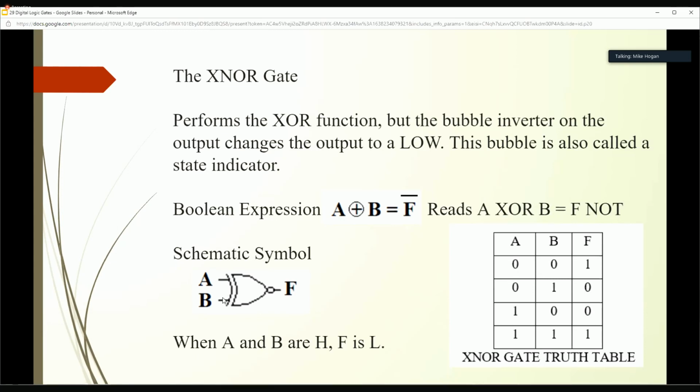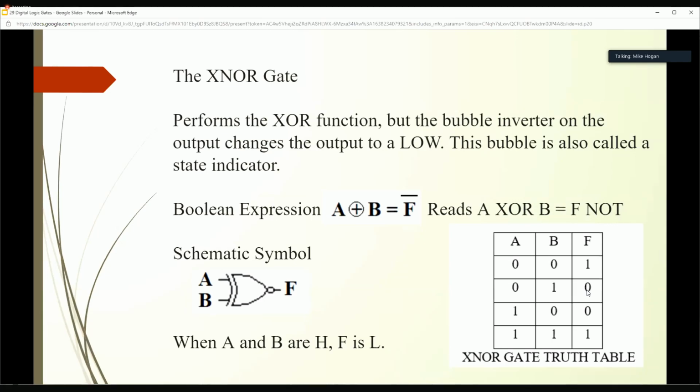Typically, any input that was a high would give me a high out, as long as both were not high, right? That was typically what we would see for the XOR. What that means now is that anytime I have a high input, which would typically be a 1, I'm going to get a 0 out. When both are high, I'm going to get a 1 out. Or when both are low, I'm going to get a 1 out, right? So 2 zeros, which for an XOR would give me a 0 out because neither are high, but it's inverted, and so I'm getting a 1 out.